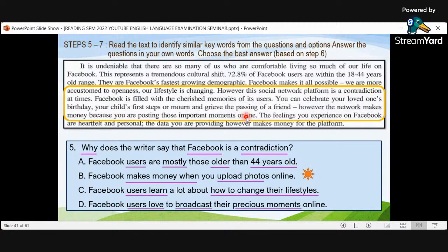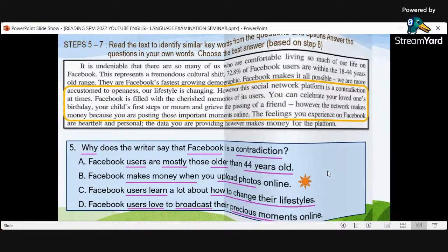Okay, so it means that you want to share everything that is good, fantastic, awesome, and then you also sometimes share sadness, but Facebook makes money out of you uploading photos online. That's what it means. Okay, so whether it's a sad situation or a happy situation, they are making money out of what you are sharing on Facebook.